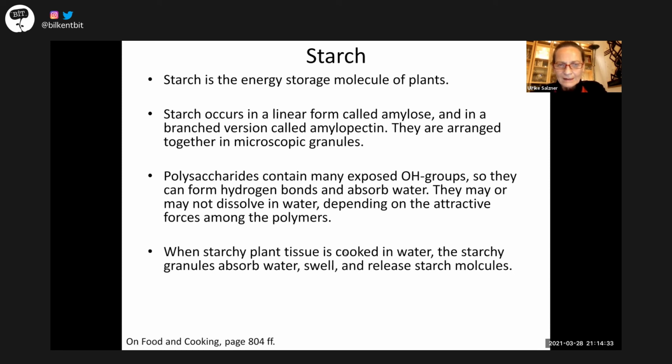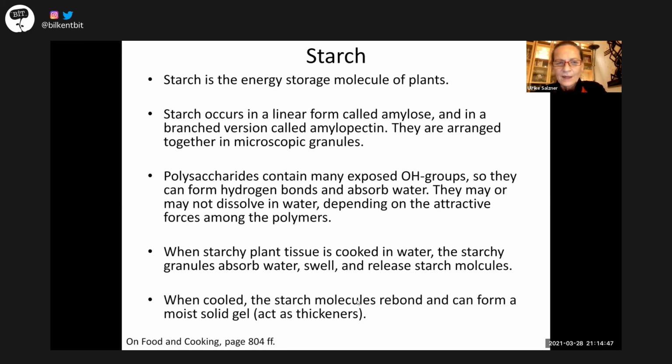If we have starchy tissue and we cook it in water, the starch granules also absorb water. They swell, they release starch molecules. This is used for thickening sauces. So we can make our sauce thicker by putting a bit of flour or starch into it. And when we cool it down, this is rebonding, and it forms a kind of moist and solid gel, which acts as a thickener for our food.